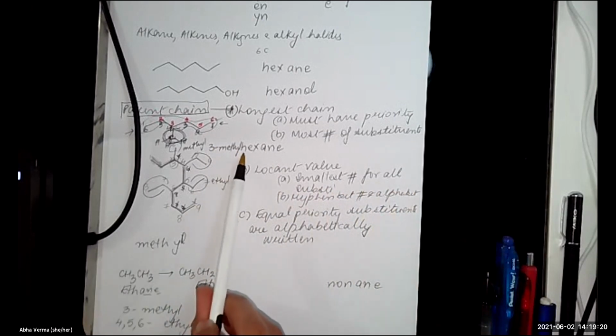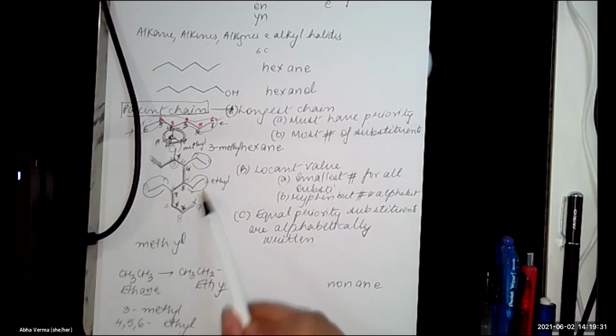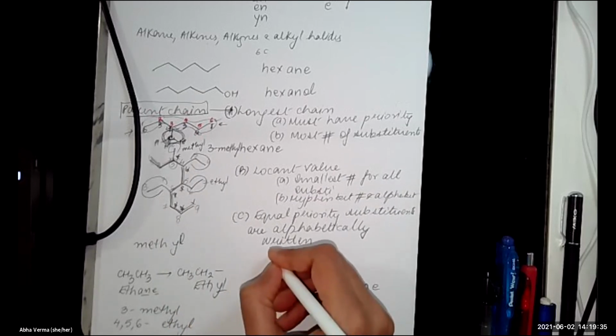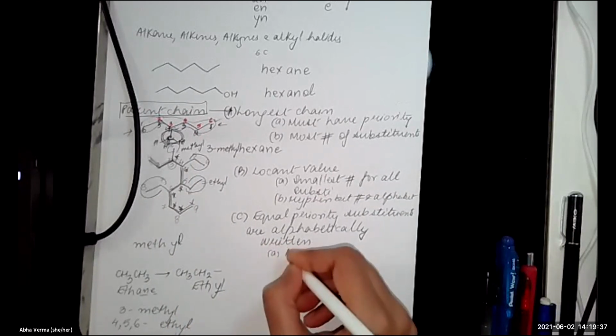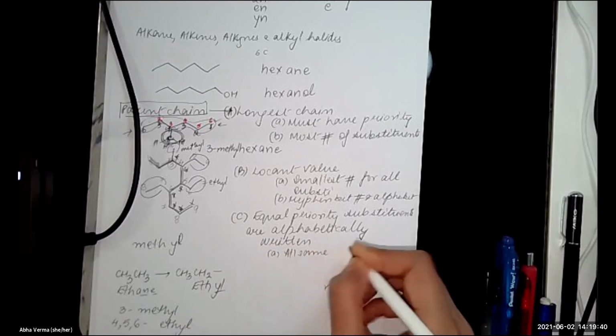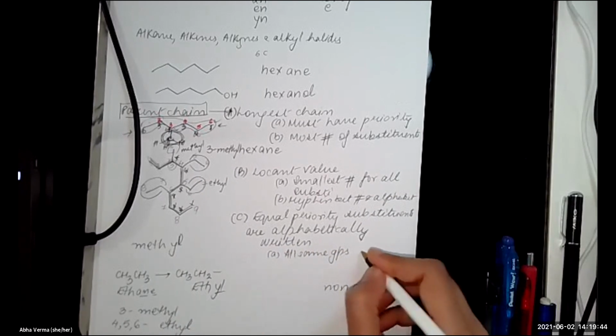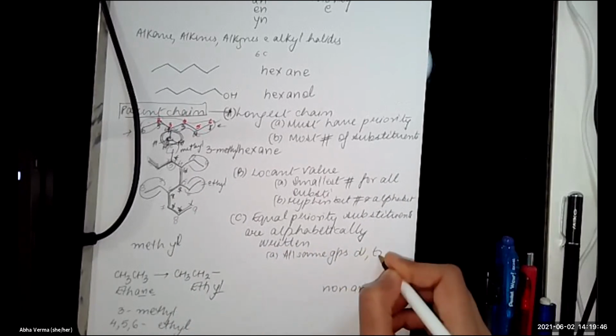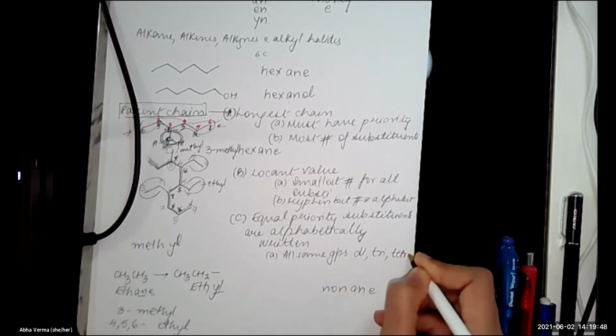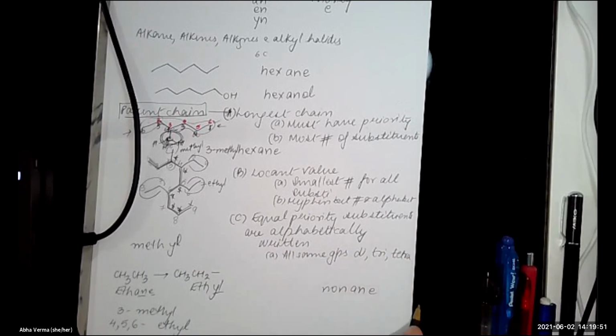The other thing that you need to know when you're naming is that all the same groups, so for example, we have 3 ethyl groups here, all the same groups have to be named as di, tri, tetra, penta, and so on and so forth.